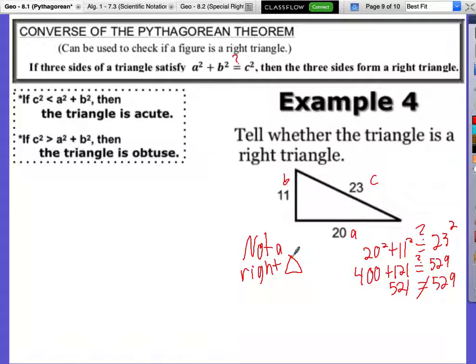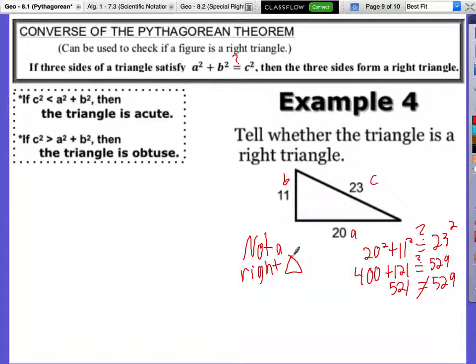Now here, what was bigger, c squared or a squared plus b squared? C squared. So that means if c squared is bigger, this side must be too big for it to be a right triangle for the given other sides. So if this side was too big, does that mean the opposite angle is too big or too small? Too big.